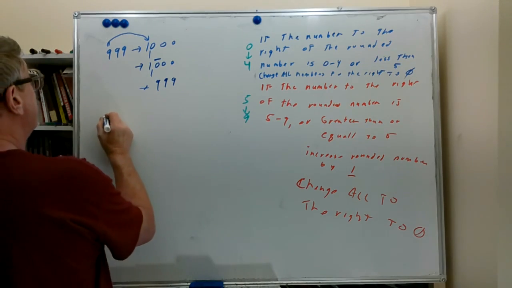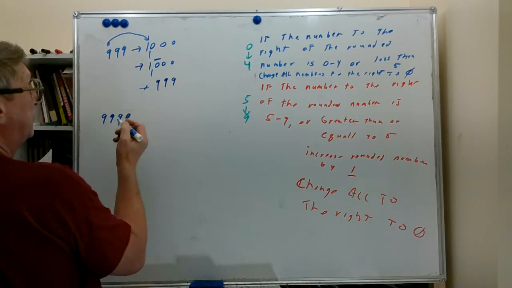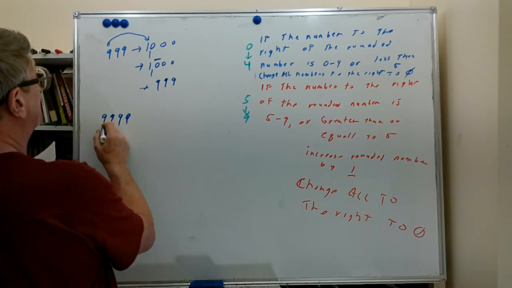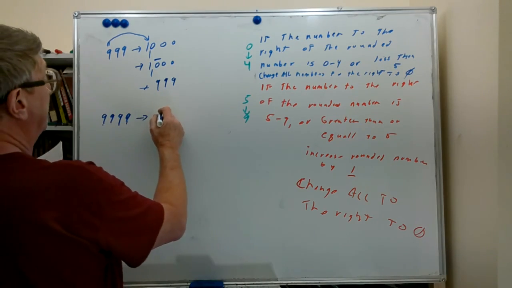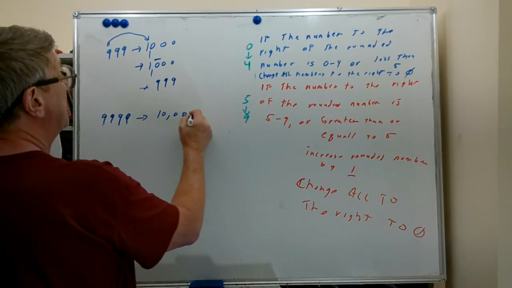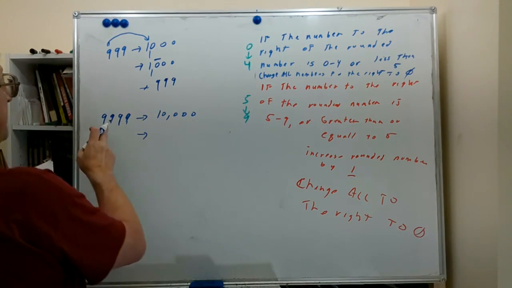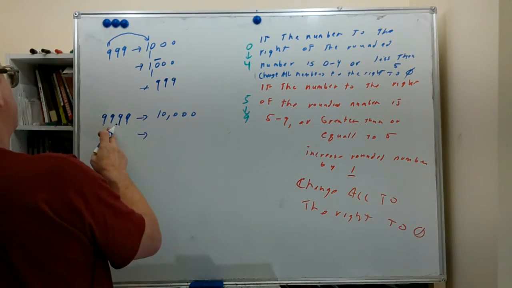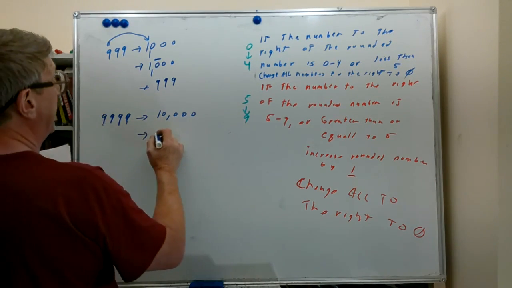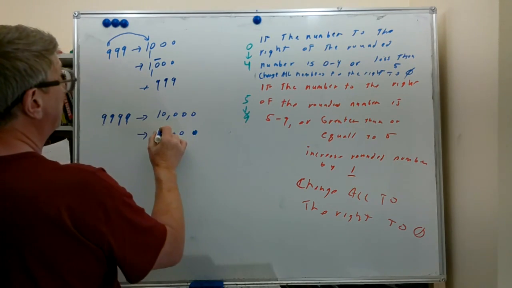Now let's just say we had this number, 9999. That's almost 10,000. We round that to 1 significant digit. The 9 here tells us to increase that, replace that with a 10. So we end up with 10,000. We go to 2 significant digits. It works the same. We rounded this one, we look over there. That increases this to 10. That carries over. So we end up with basically the same number. But now this 0 is significant.